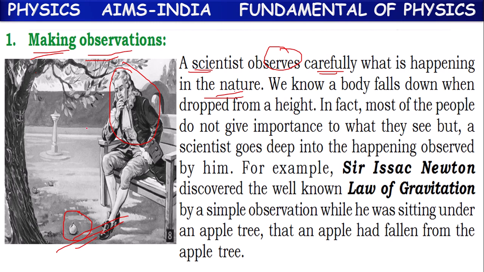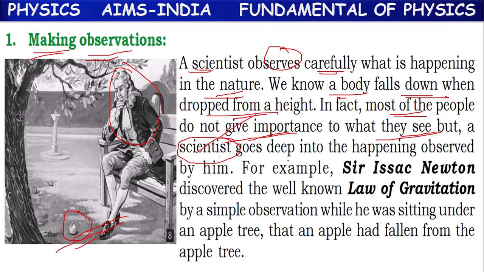Actually, not only Sir Isaac Newton, before him, so many of them, everybody knows that any body will fall down when dropped from a height. So actually most of the people do not give importance to what they see. But what is the special character of a scientist?